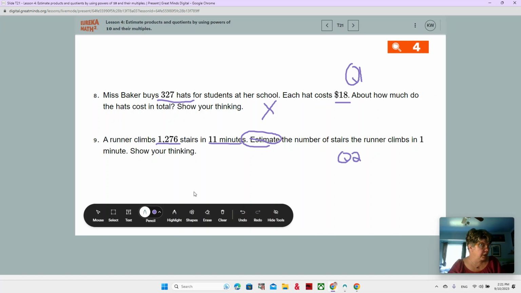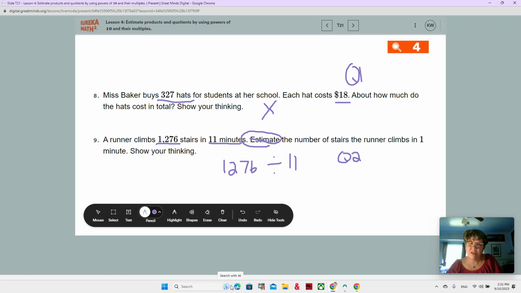So you can do the work and show me the notes on page 39, but you're also going to input the answer into Edpuzzle. And this one is going to be division. Okay, and I'll give you a little hint. It's going to be 1,276 divided by 11. Okay, but you are going to estimate.